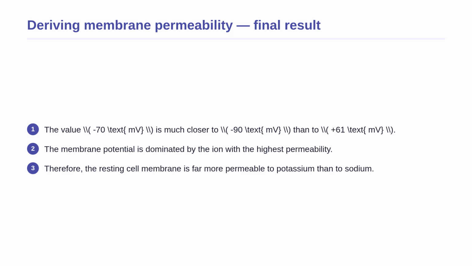Because the actual voltage sits so close to potassium's ideal voltage, we have mathematically proven a fundamental principle of neurophysiology. The resting cell membrane is far more permeable to potassium than it is to sodium. Potassium is the dominant force in the resting cell.